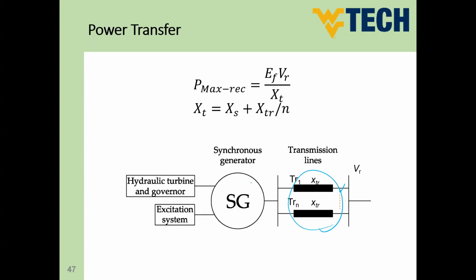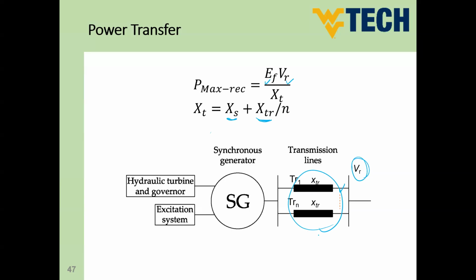So I can say that the maximum power that I can have at the receiving end here is going to be the excitation volt of the synchronous machine times the VR, which is the receiving end of the transmission line, divide X total. X total is the synchronous machine reactance plus the reactance of the transmission line divide number of transmission lines because they are connected in parallel, as you can see.